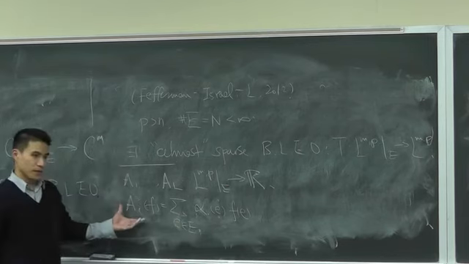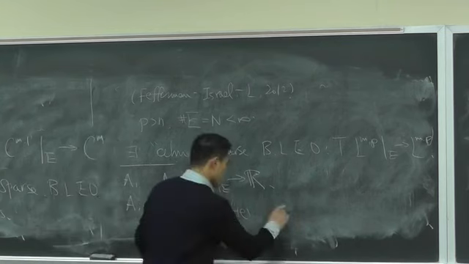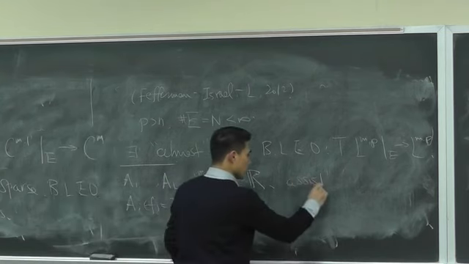If you count the total number of non-zero coefficients that appear in here, they are called assisted quantities.